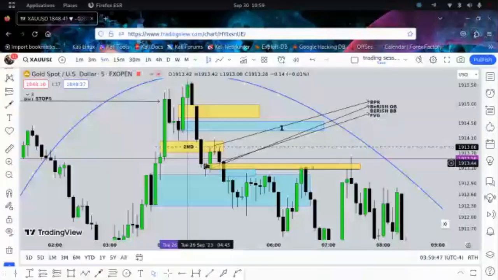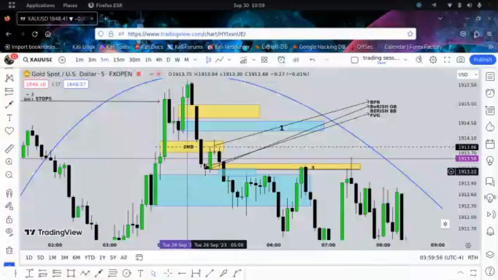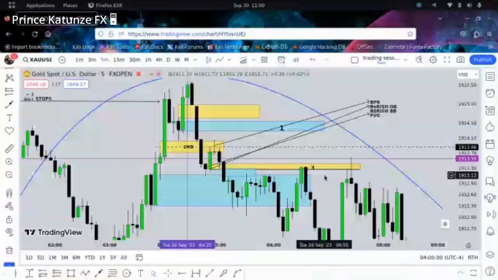So, actually, this is giving us what we call a unicorn, a breaker block and an FVG. So, this also gets you in. Actually, by the time the order block gets you in, the breaker block has also gotten you in. So, we name this entry 4.